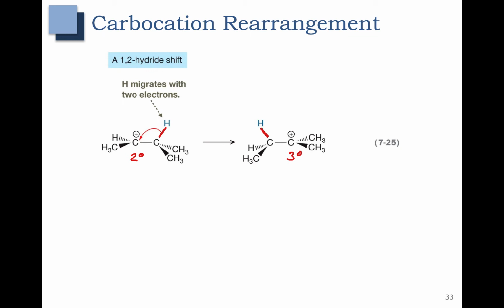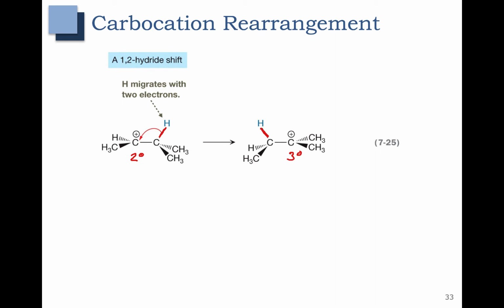Tertiary carbocations are more stable than secondary carbocations, so this is the driving force behind the reaction. We're going from a less stable secondary carbocation to a more stable tertiary carbocation, and that's why this hydride shift is going to proceed.